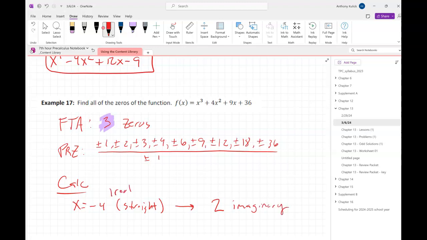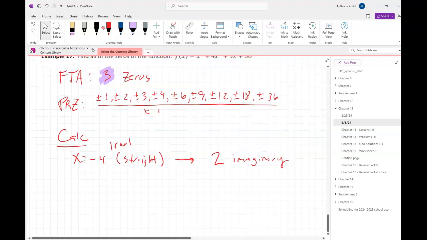I have one real solution, the -4. The other 2 must be imaginary, and that's good because the complex conjugates theorem tells me that those imaginary solutions always occur in pairs. So I can have 2 of them, 4 of them, 6 of them, but I'm not going to have 5 of them unless I have an i as one of my coefficients, and you're never going to see that in this class.